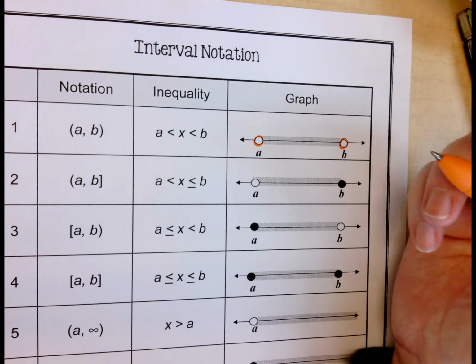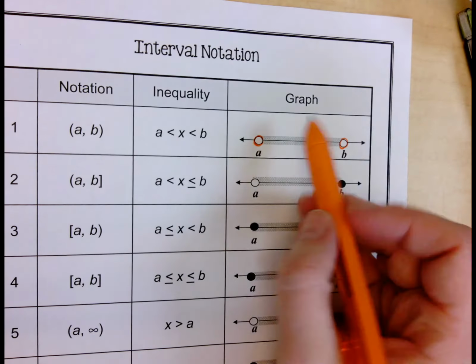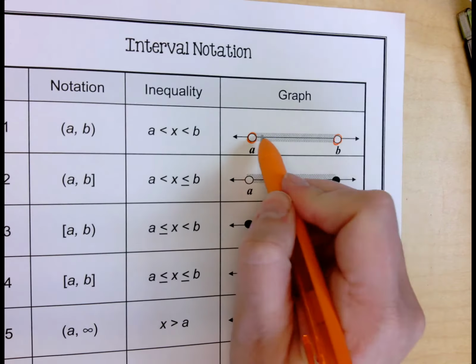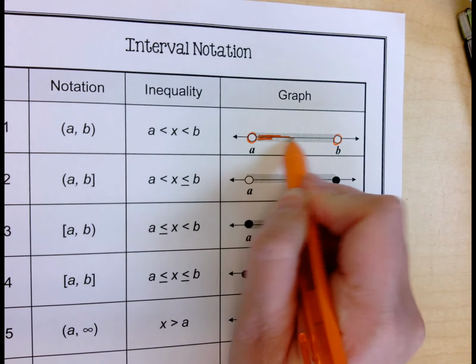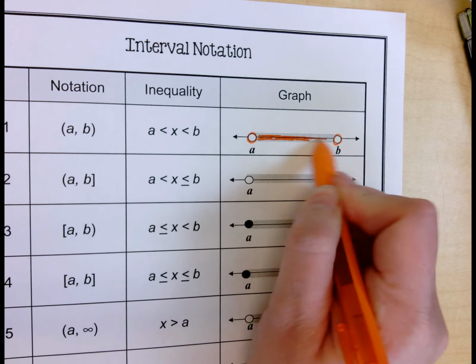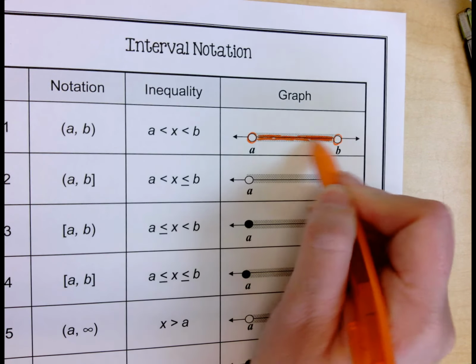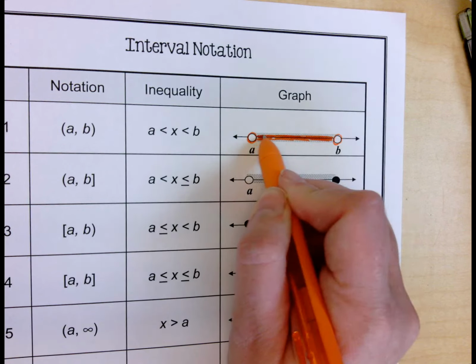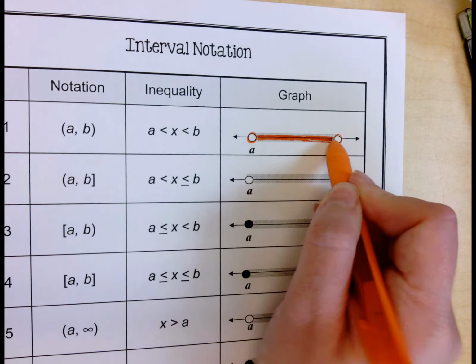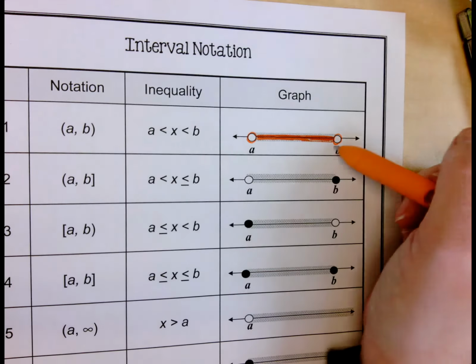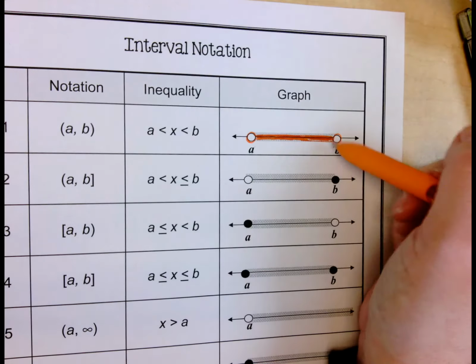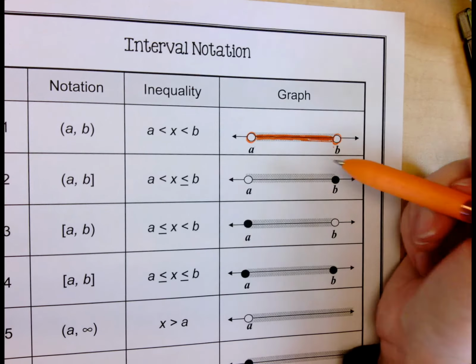It's not part of what we're talking about. But when we shade in everything in between, that means that every possible number in between these two numbers is a part of the data that we're talking about, okay? So these two numbers are not part of it, but everything in between them is, okay?